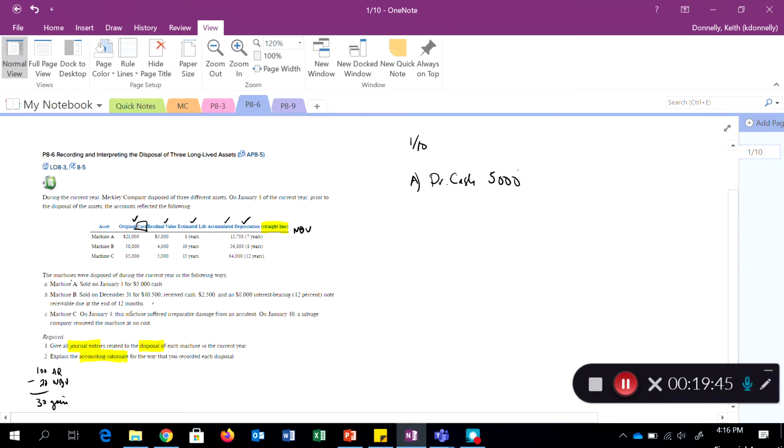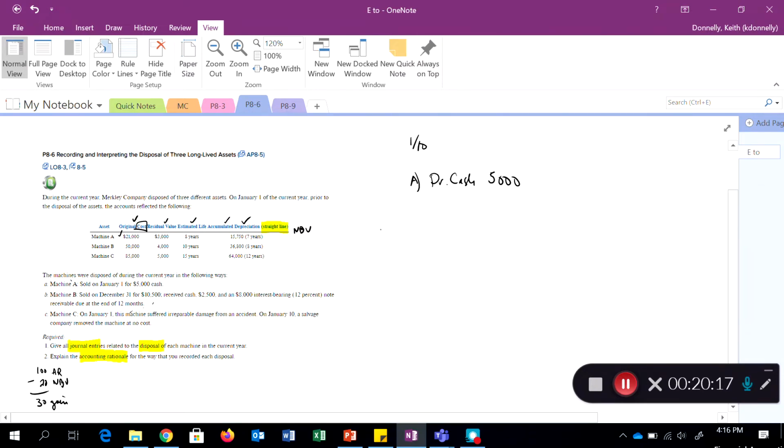We also know that we have machine A on the books, presented at net book value, which is the cost minus the accumulated depreciation. However, those are two separate accounts. You don't just put net book value as a journal entry. You put two different items: accumulated depreciation and equipment.